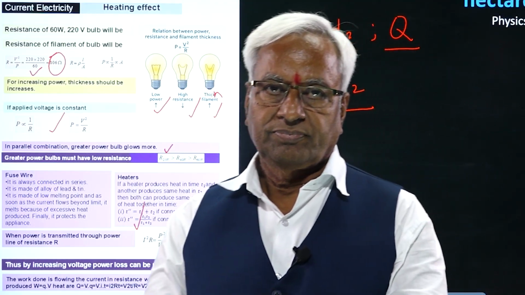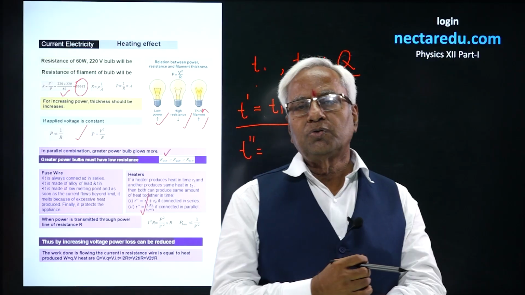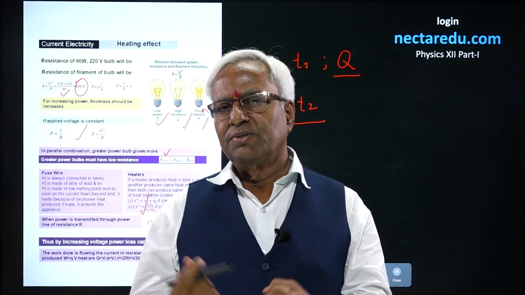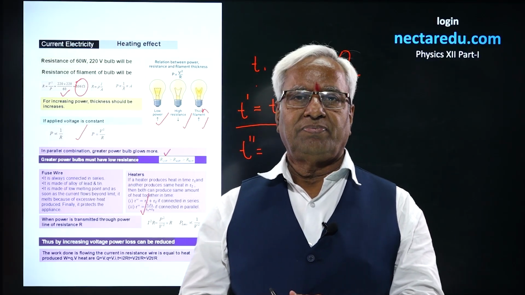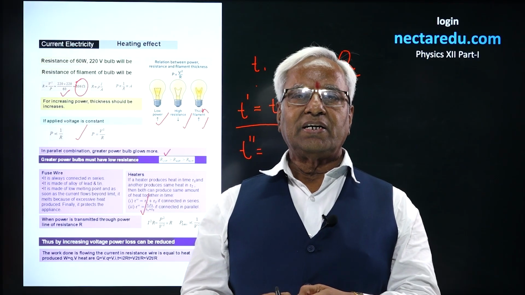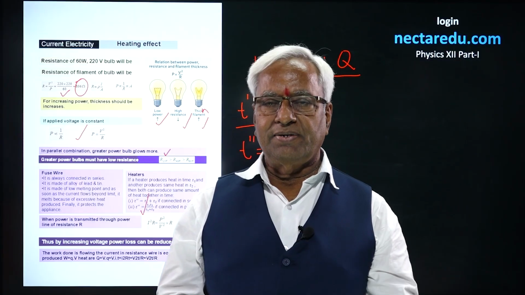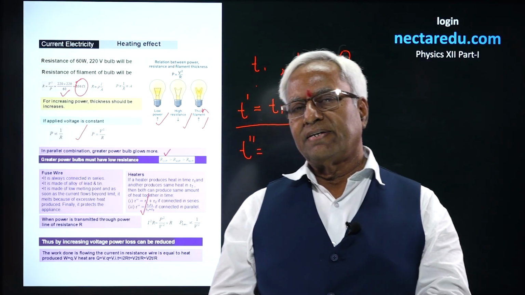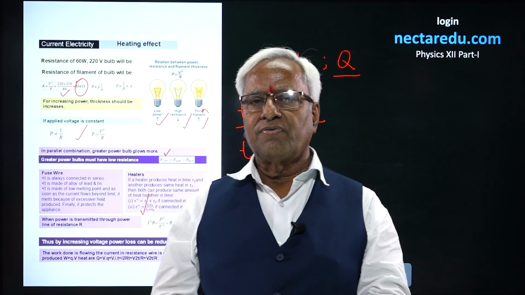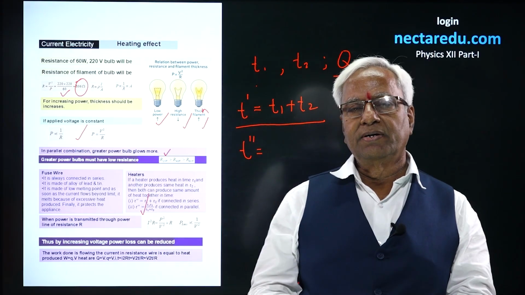Fuse wire. Fuse wire is, you might say, a defensive device. It's not aggressive in nature. It only protects the domestic appliances from getting damaged. It is always connected in series. It is made of an alloy of lead and tin. It has a very small melting point.